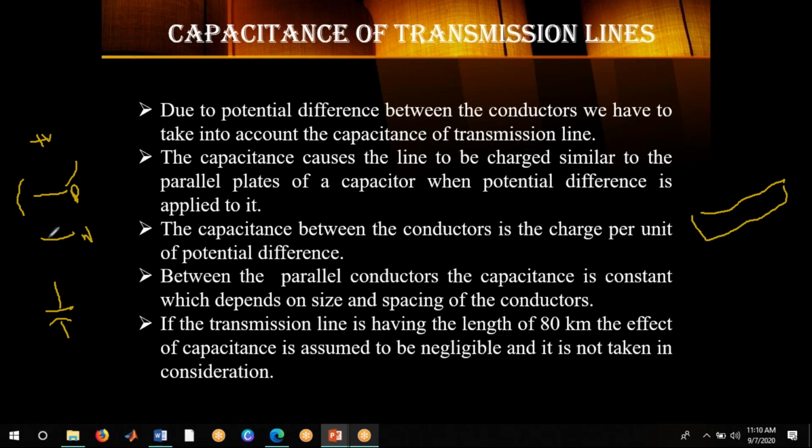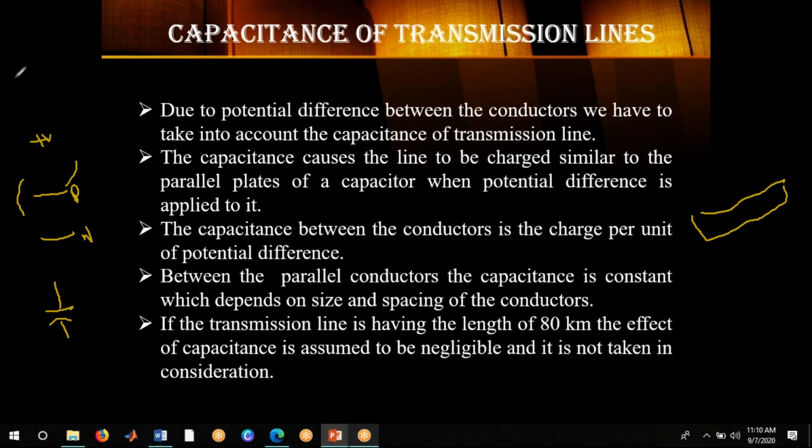It means how much charge is flowing per unit area and what potential difference occurs across the capacitance. Between parallel conductors the capacitance is constant, which depends on the size and spacing of the conductors. And it is a more important term.